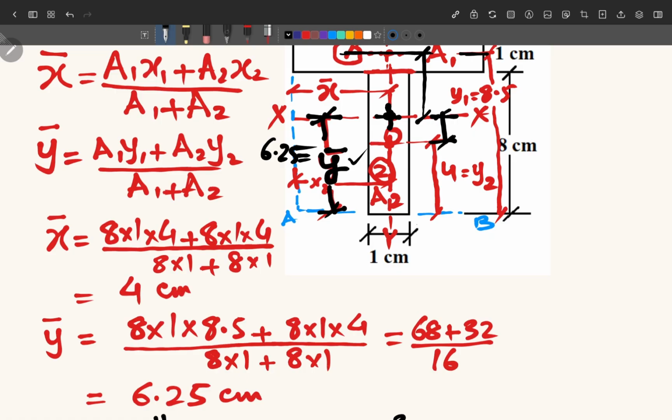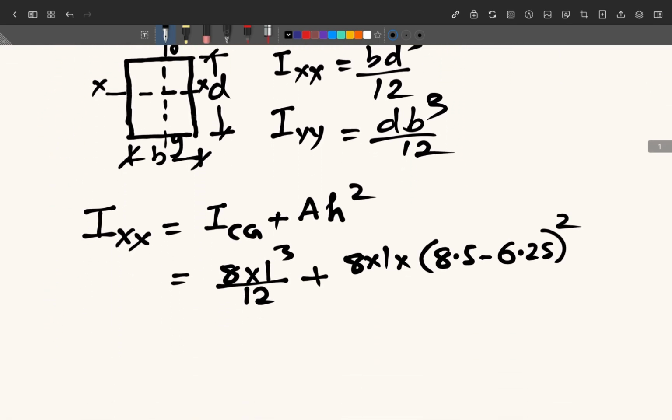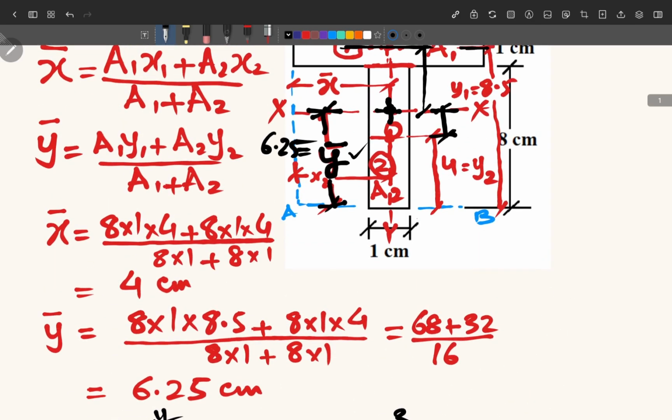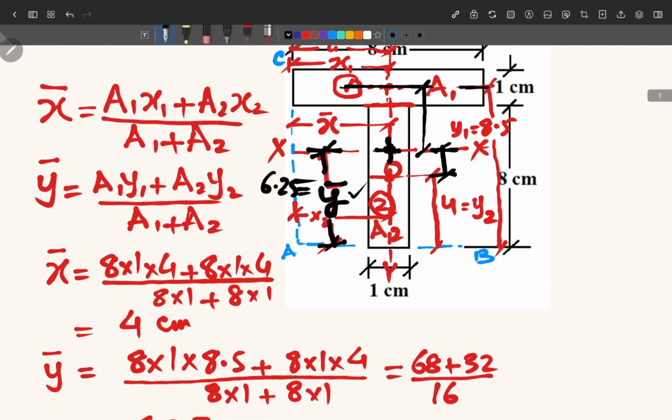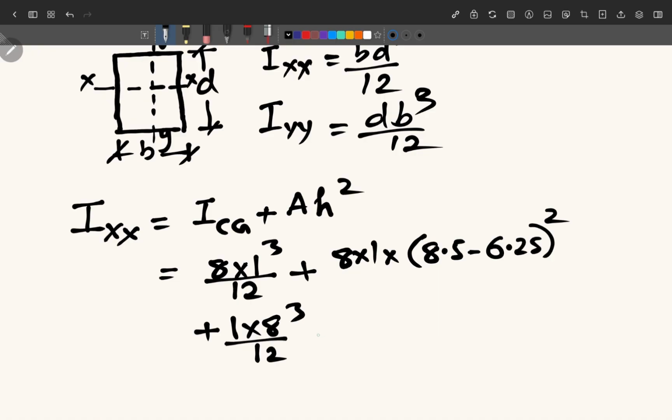6.25 minus 4. So now we calculate for the second rectangle which is vertical. For this we have plus 1 into 8 cube by 12, because here you can see its height 8 centimeter is parallel to the x-axis, so we will make the cube of 8. 1 into 8 cube is the moment of inertia about the x-axis of its own centroid.